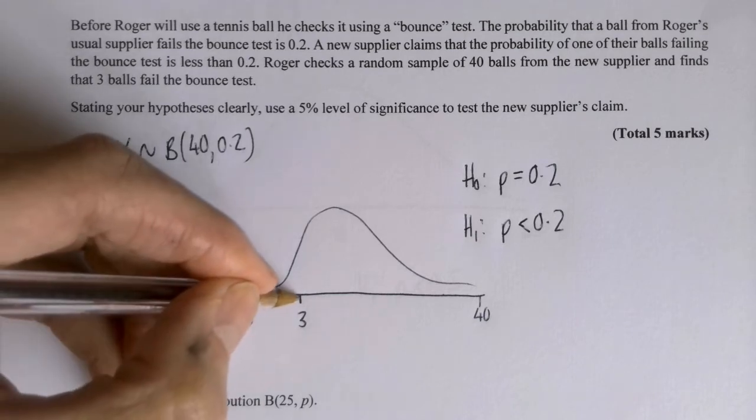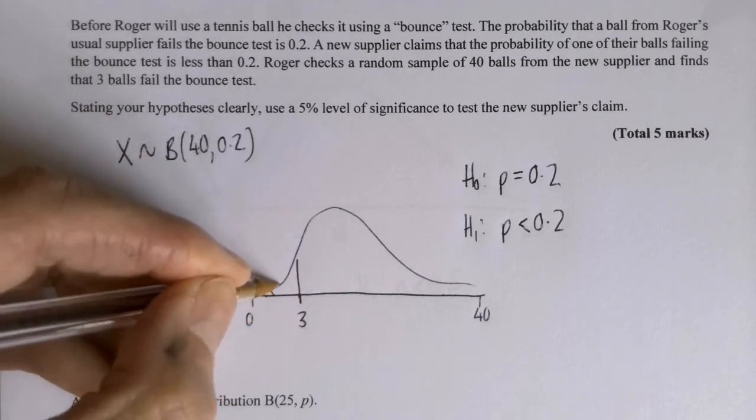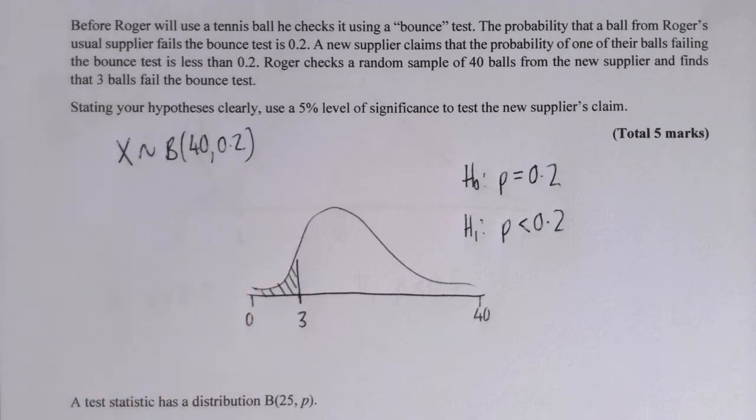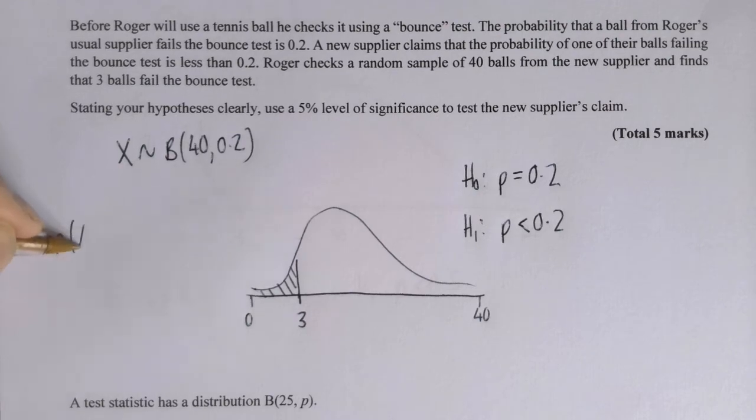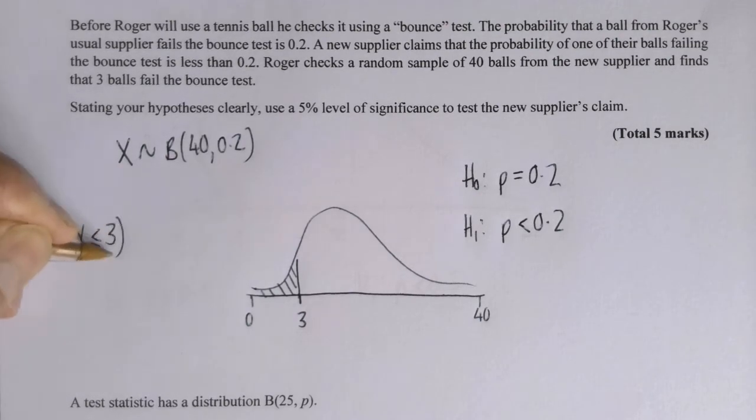Now remember, we don't just look at the probability of 3, we look at the probability of everything less than and including 3. So I'm going to work out the probability that x is less than or equal to 3. And I'm testing at the 5% significance level, so I need to see if that's less than 0.05.